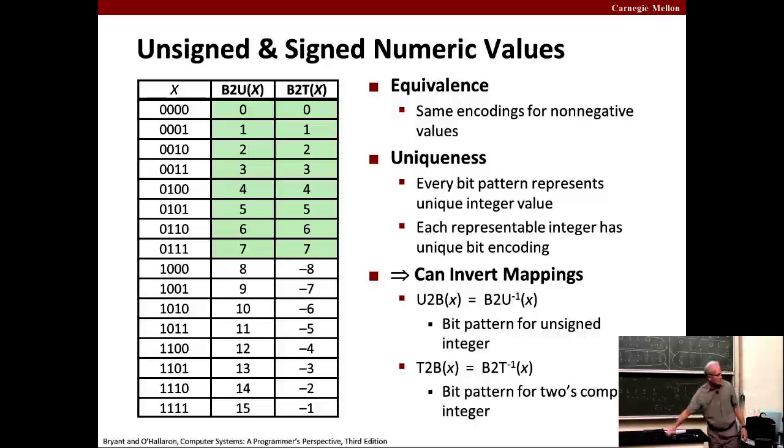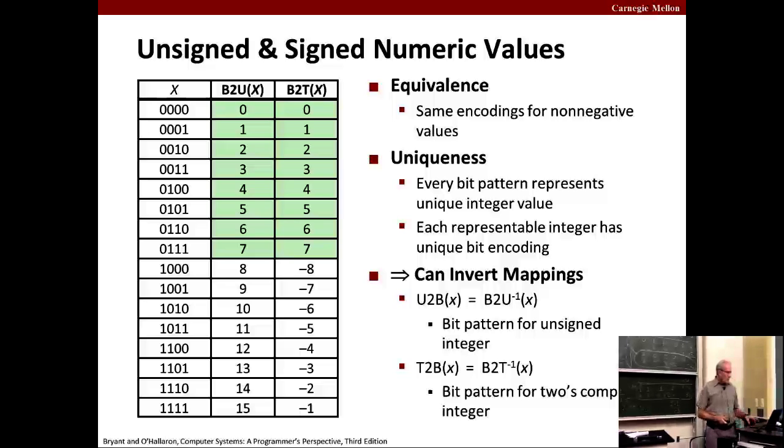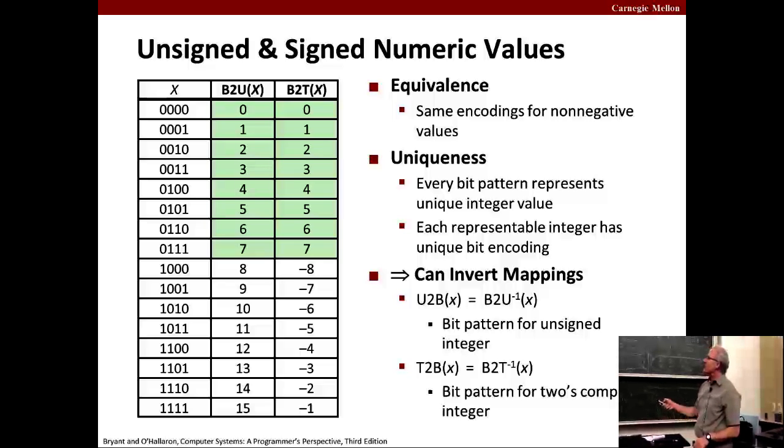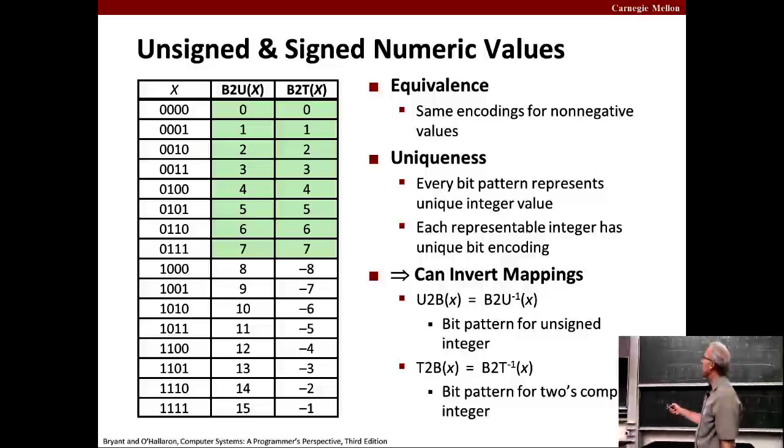We'll say that if we take a chart of 4-bit numbers and we write out all the possible values as unsigned or as 2's complement numbers, then the ones where the higher order bit is 0 will be the same in both cases.